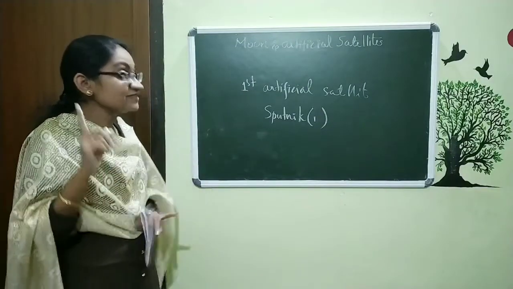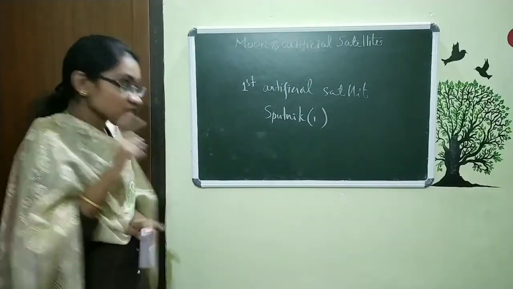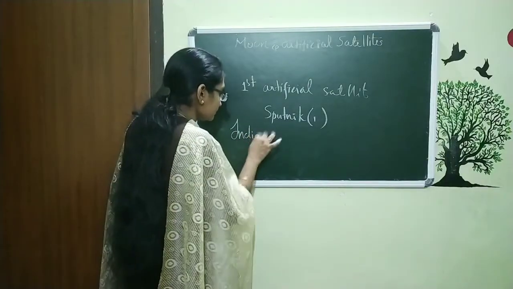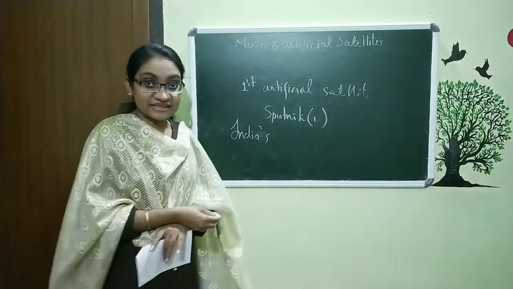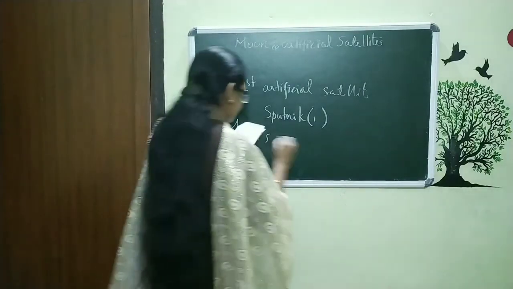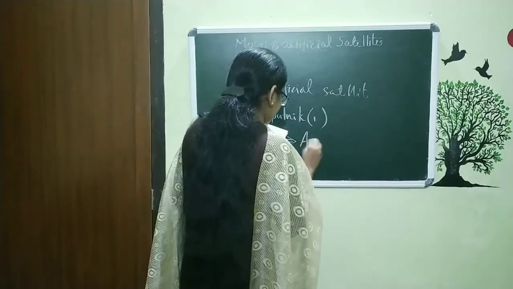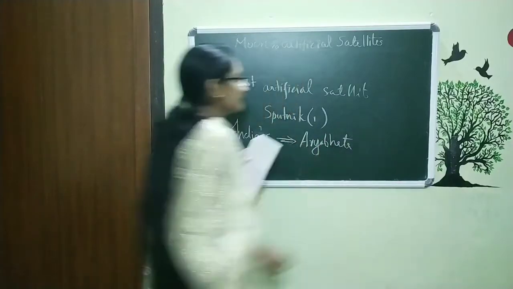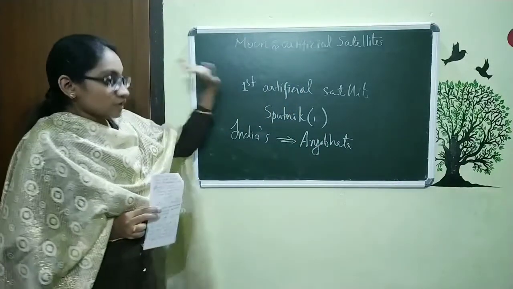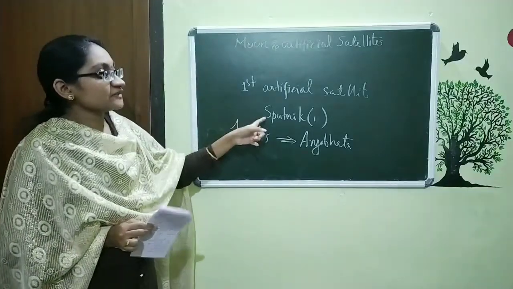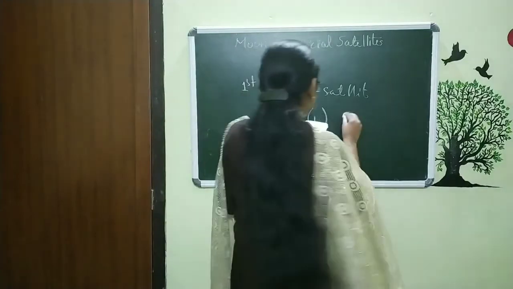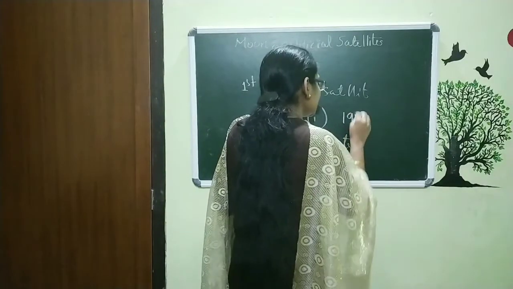Now, which is India's first artificial satellite? That is Aryabhatta. For the whole world, the first artificial satellite is Sputnik, sent in the year 1957.